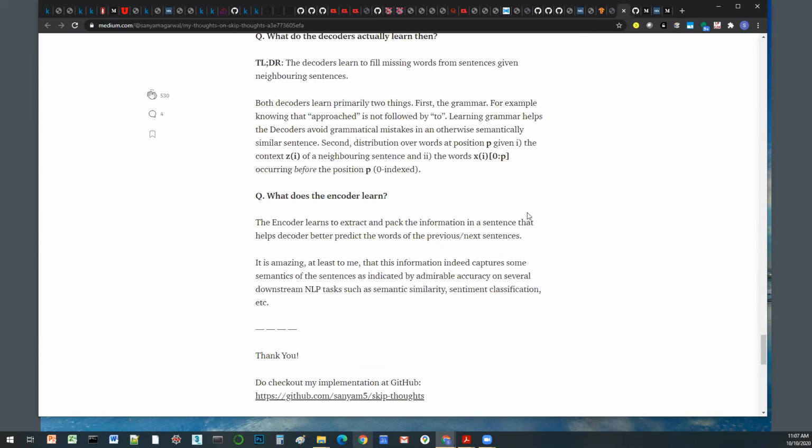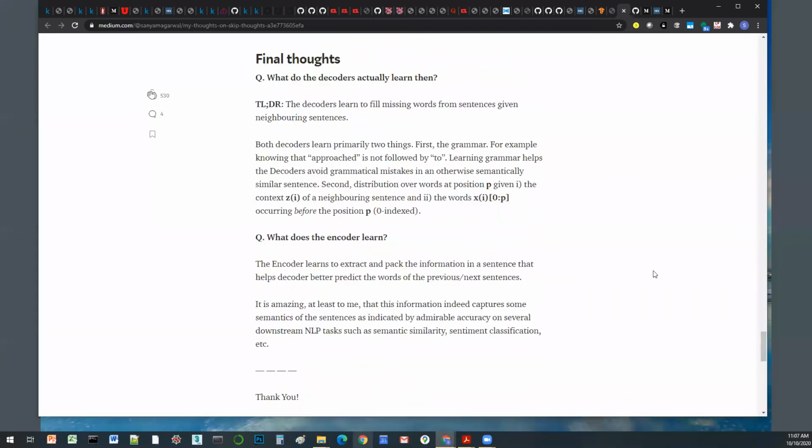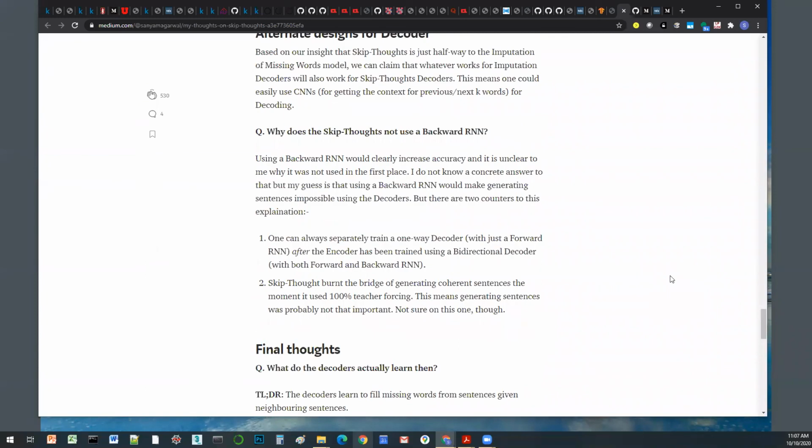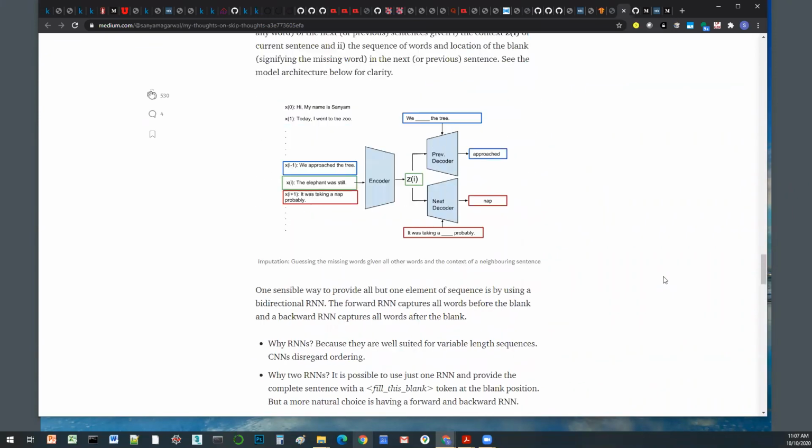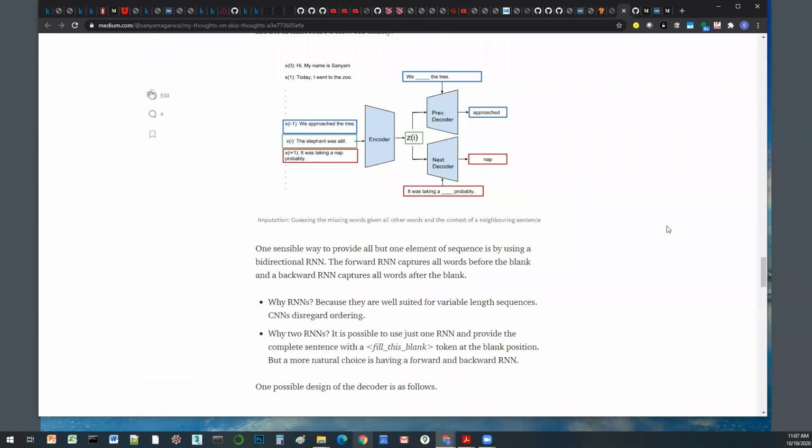For those of you familiar with BERT, this skip thought vector approach is also similar to BERT, in the sense that it's trying to predict words from the previous sentence and from the next sentence using words in the current sentence, which is somewhat mind-twisting, that it's able to do that.